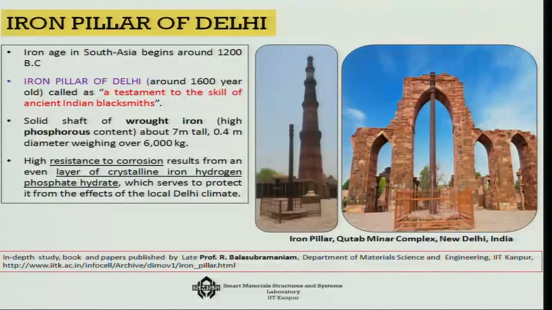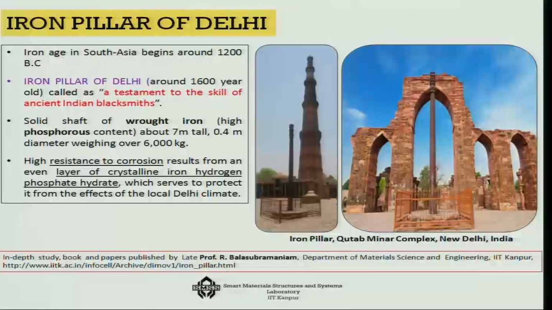In fact, he is the person who found out that the mystery lies in how this iron was obtained, and the rich phosphorus content in some of the sources of iron is what gave that beautiful property of anti-corrosiveness to these iron pillars. So, this high resistance to corrosion is because of the iron hydrogen phosphate hydrates.